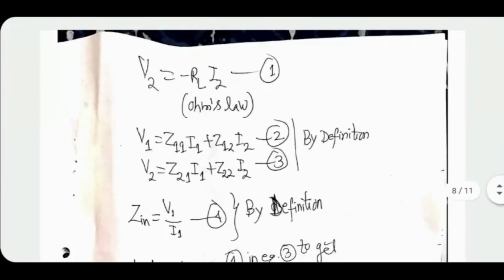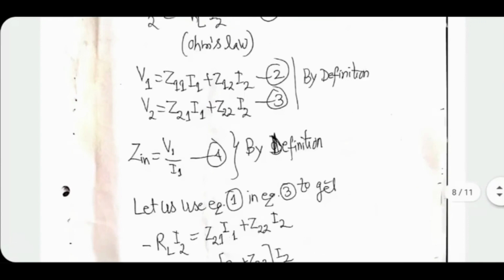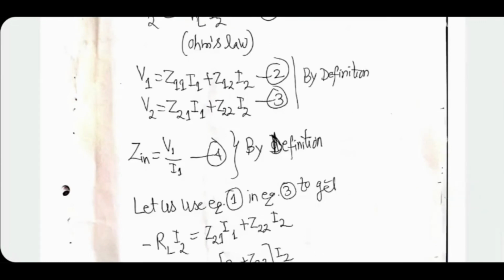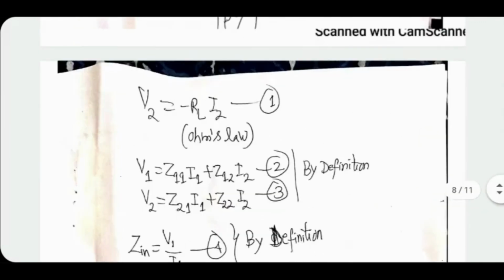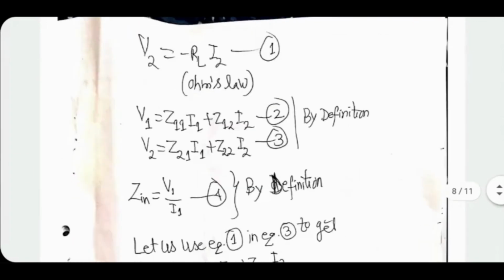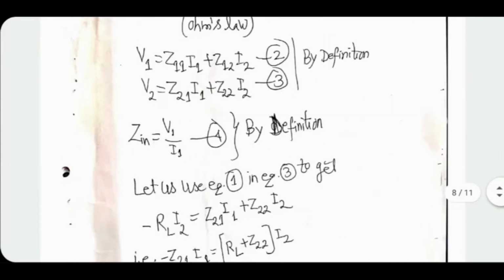So using Ohm's law, V2 should be minus RL I2. And by definition, we know that V1 is Z11 I1 plus Z12 I2. V2 is Z21 I1 plus Z22 I2. And Zin is V1 upon I1. That is the way it is defined. So I use equation 1 in equation 3.